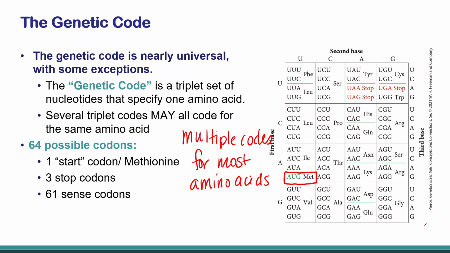Now we call it a start codon because at the beginning of every single protein that we make, we are going to find the code for methionine. And so methionine is going to be the first amino acid on every single protein. But it is a special amino acid called F-methionine.